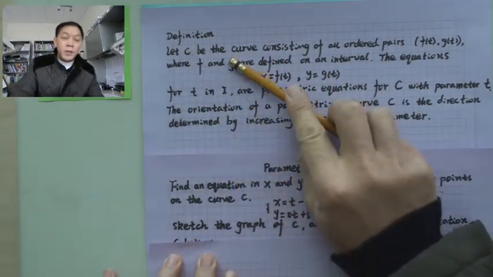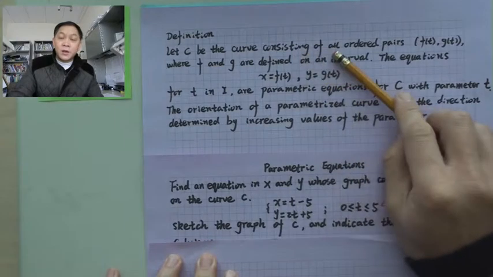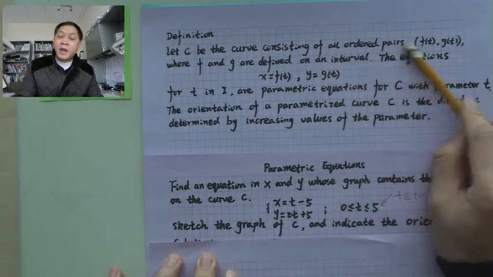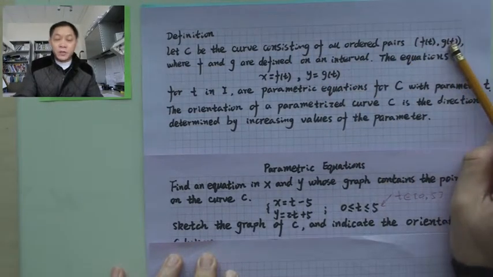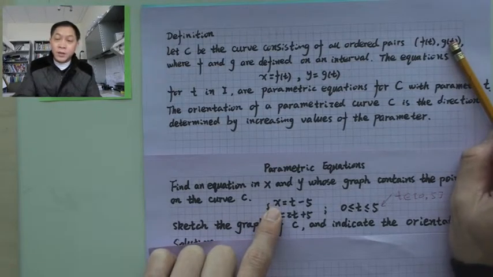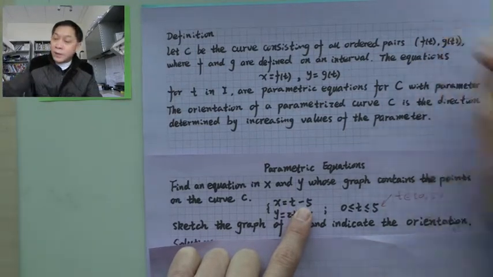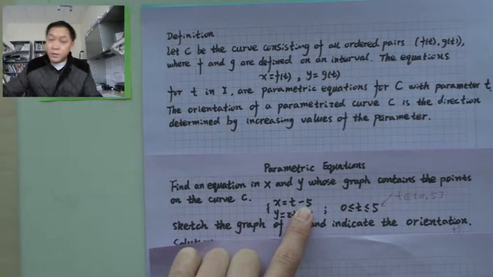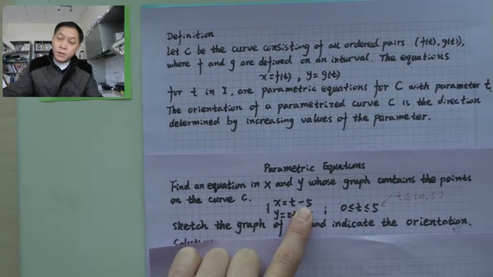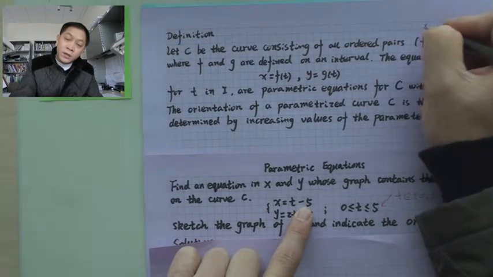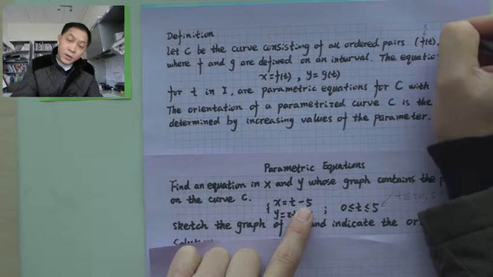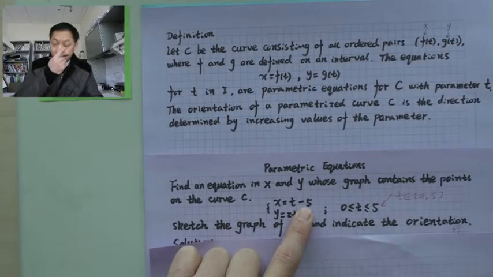Let C be the curve consisting of all ordered pairs f of t, g of t. Here f of t is the place for x. The first coordinate is always x, the second coordinate is always y.